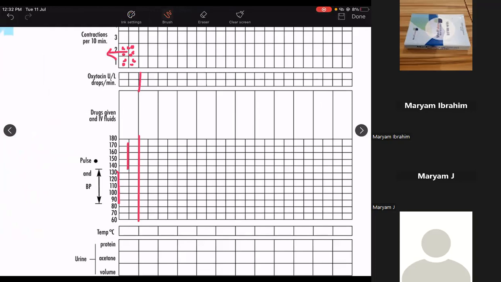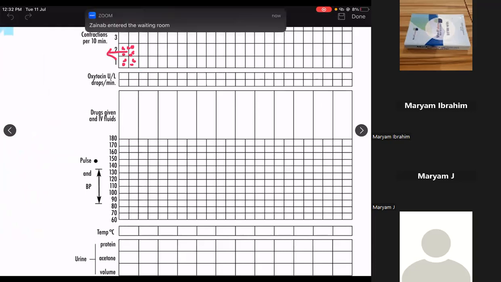Everything should be on the same line. So if it is 110, this is our 110, and then 70. So you denote them with an arrow, like this, and then you join.